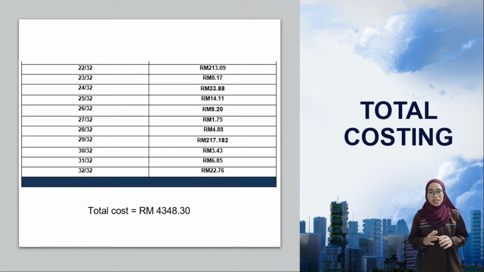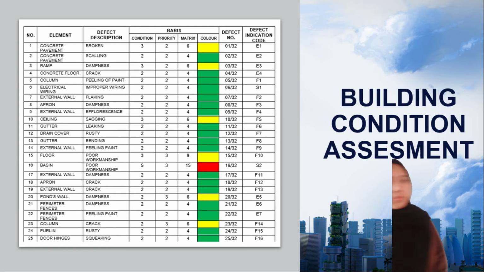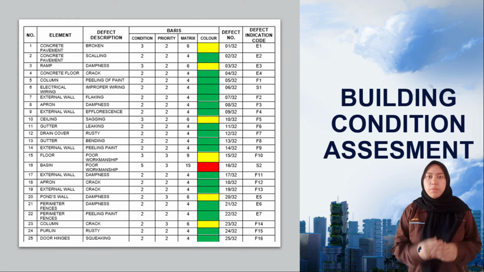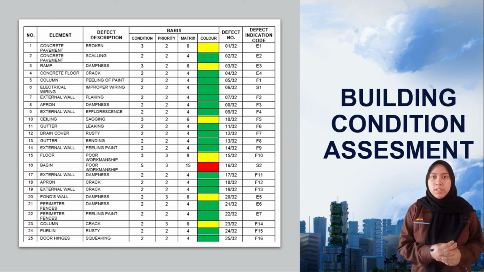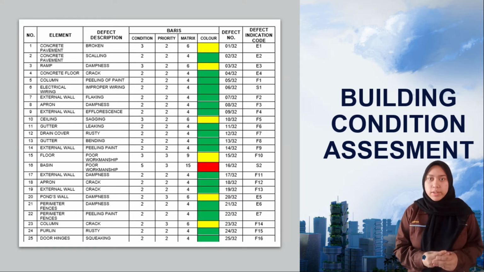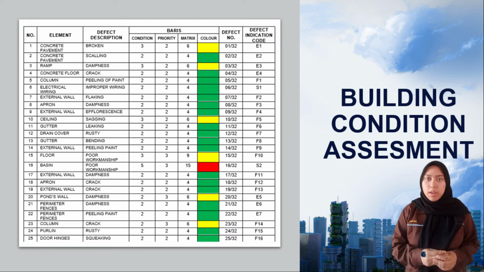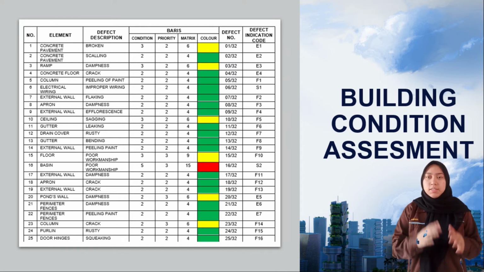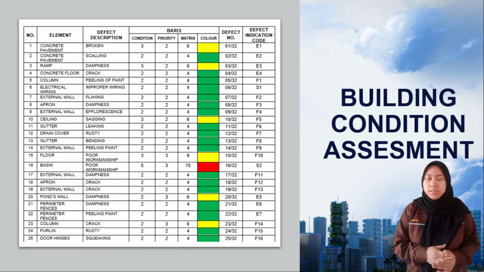So now let's go back to Sabrina. Now I will explain about the building condition assessment of this building. For the exterior, there are some major and minor defects such as broken concrete, scaling, dampness on wall, crack on floor, and peeling of paint. For fabric and component, the defects are such as peeling of paint on column, wall flaking, and efflorescence, and this is due to high moisture contents.